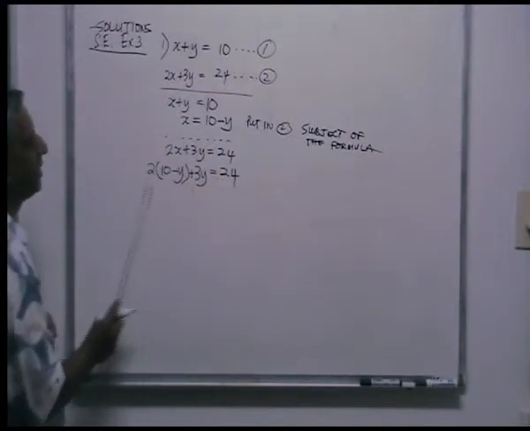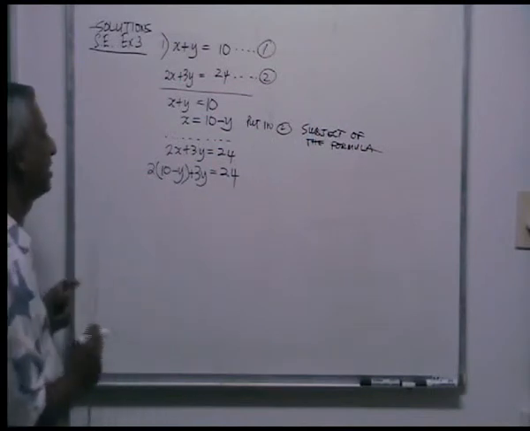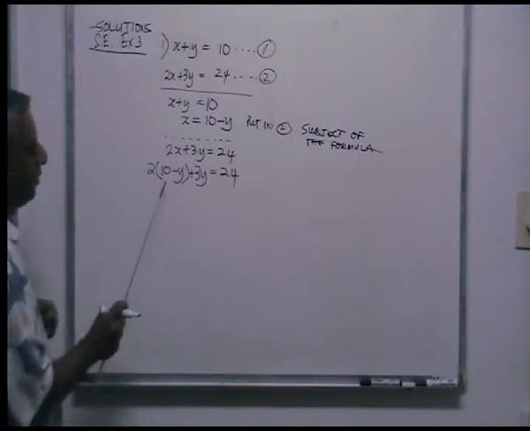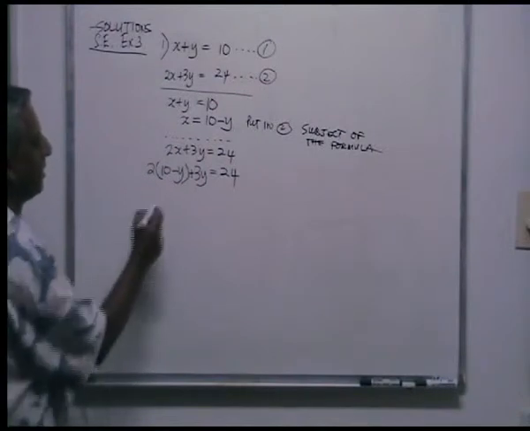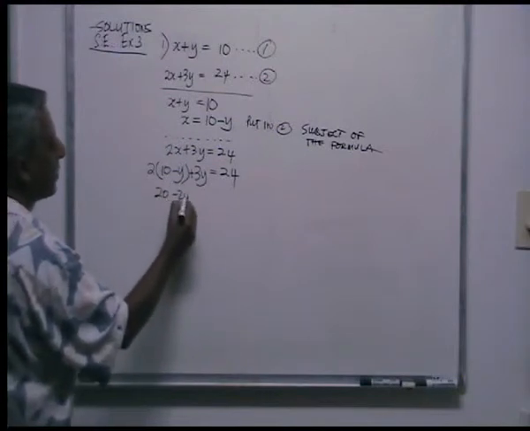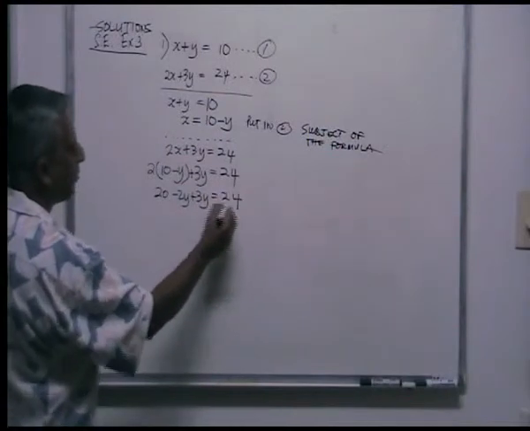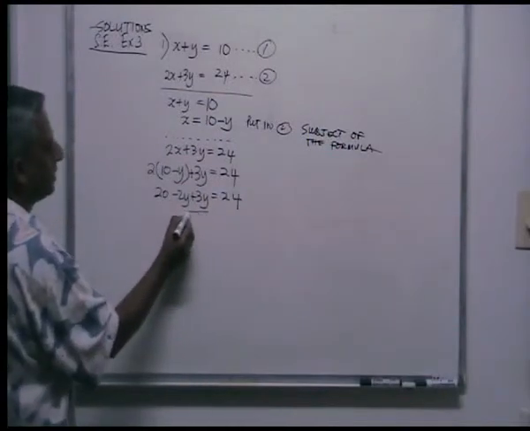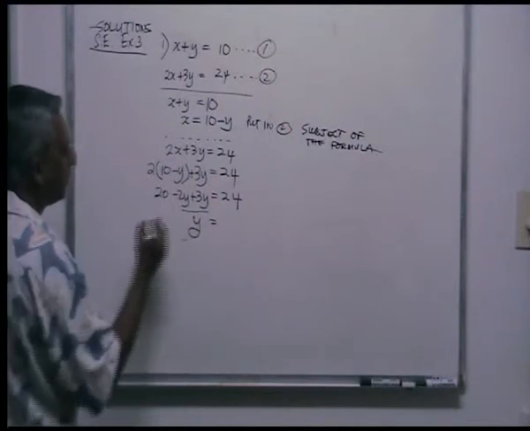Now you got a bracket here and you must remove brackets. If you don't know what I mean by remove brackets, please check the DVD on removal of brackets. But basically it means multiply. 2 times 10, 20. 2 times minus y, minus 2y, plus 3y is equal to 24. Now simplify that. Minus 2y plus 3y will give you y.